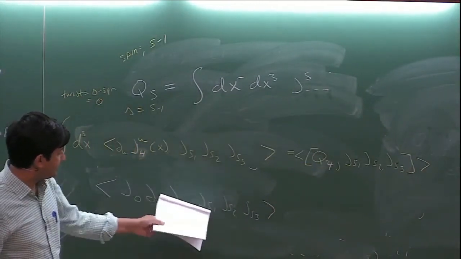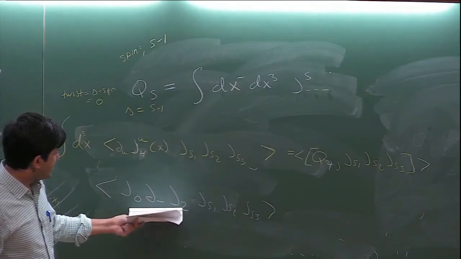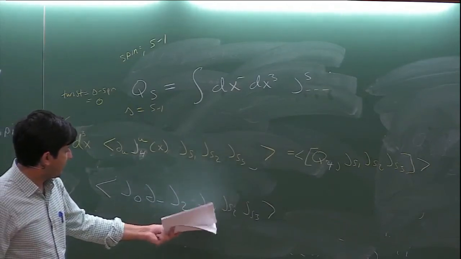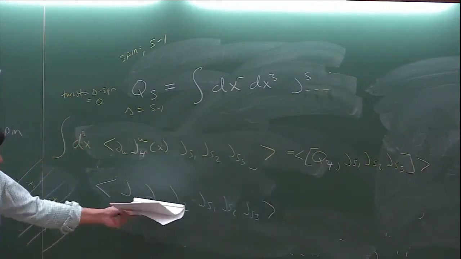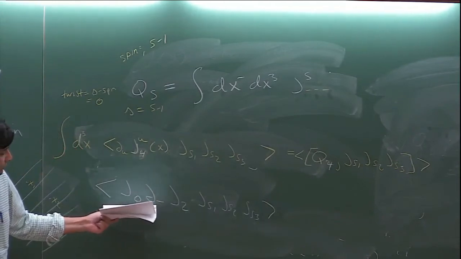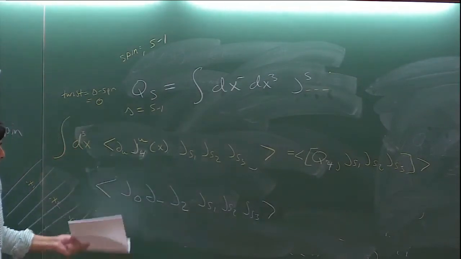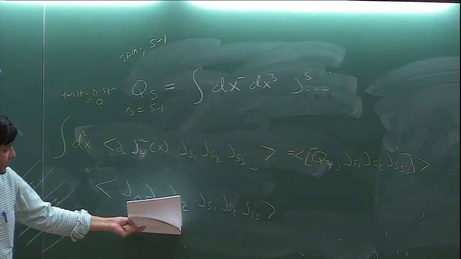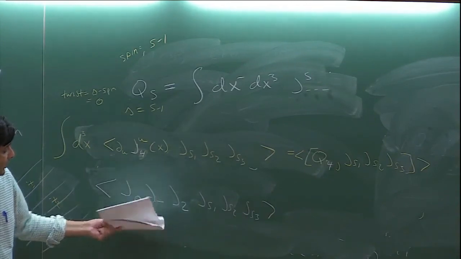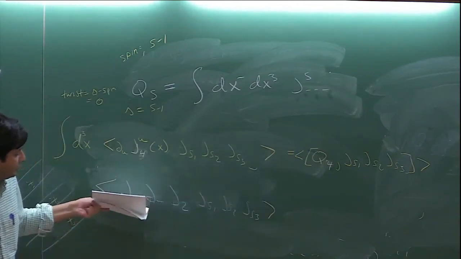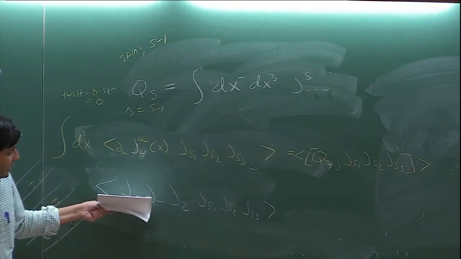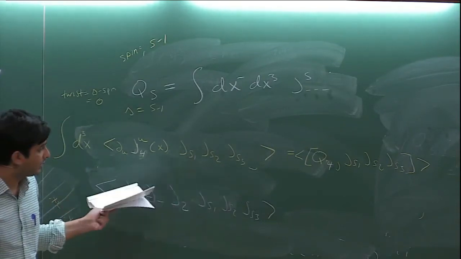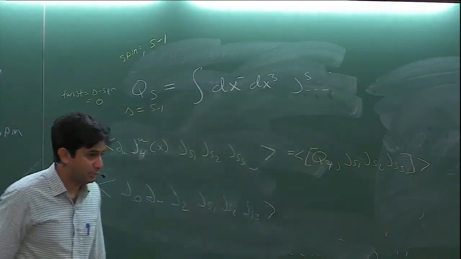And this in turn, if one of these is either 2 or 0, I can factorize into a product of 2-point functions and 3-point functions. Otherwise, if neither of these match, then this would be just a single 5-point function, which would be order n, and that would not count.